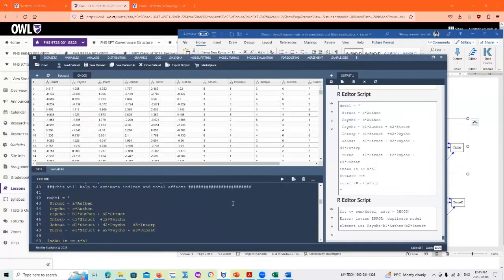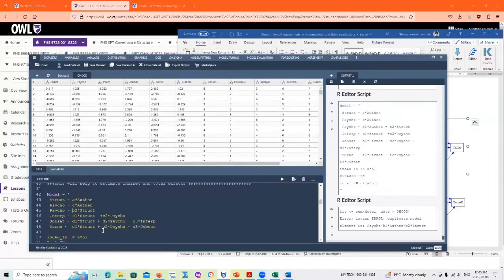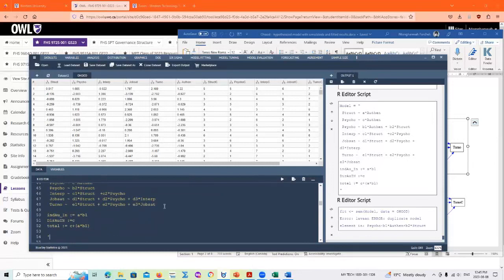Not to worry. If I want to do that, I should take this one out. Okay, that's why it's complaining. It will do the same model, but now I've taken one out, so there's no duplicate there. So cycle is this, cycle is this. Let's see if that is why it's complaining.